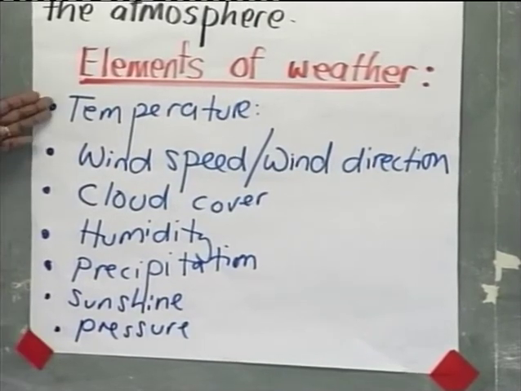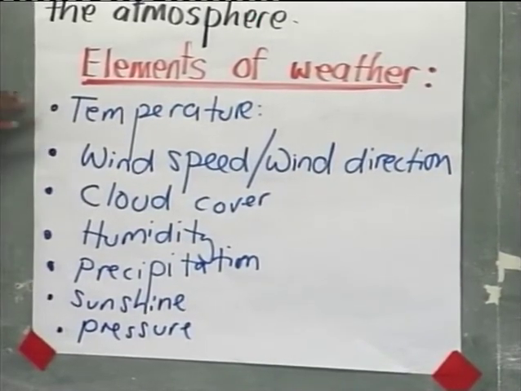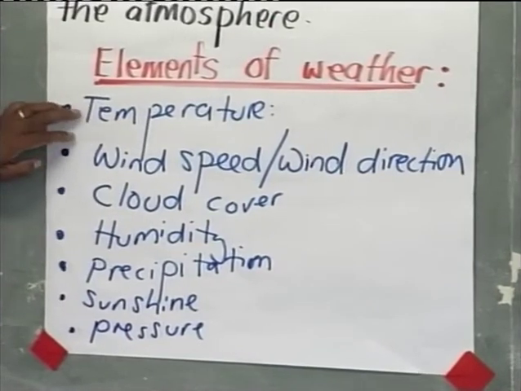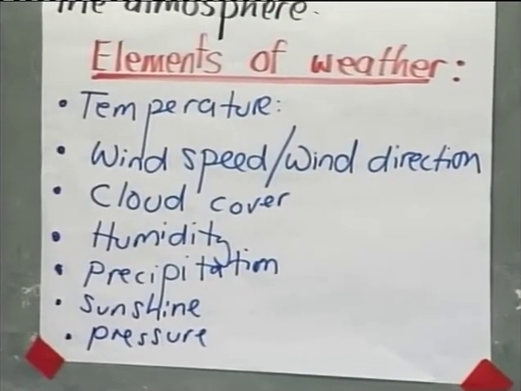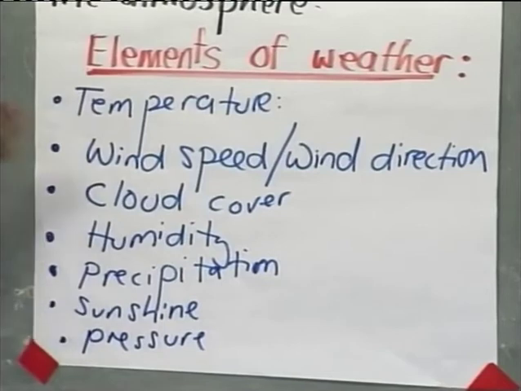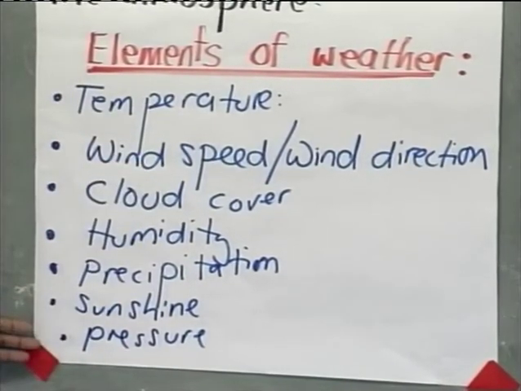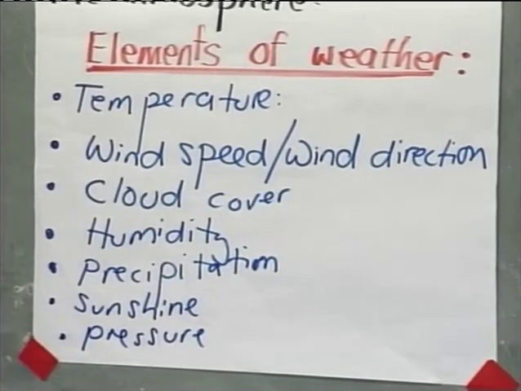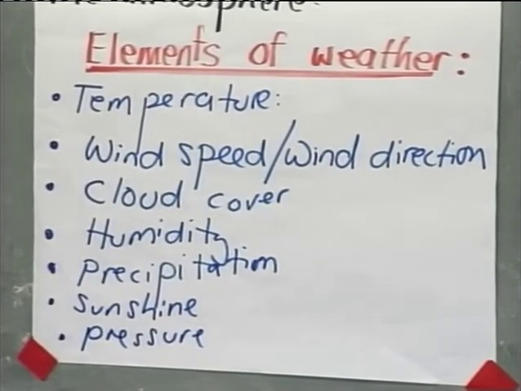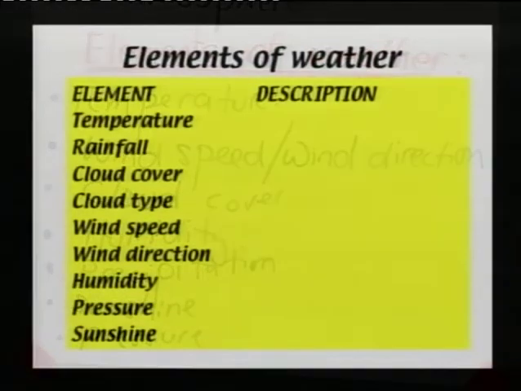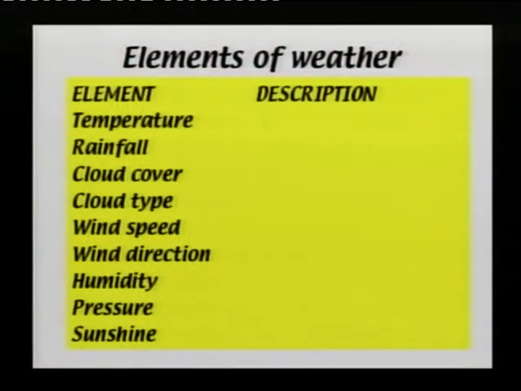So let's check. We have basically made a list of at least 3 elements from our description, but if we were trained, we would be able to also describe all the other elements. So if we look at those different elements of weather, we have temperature, rainfall, cloud cover.